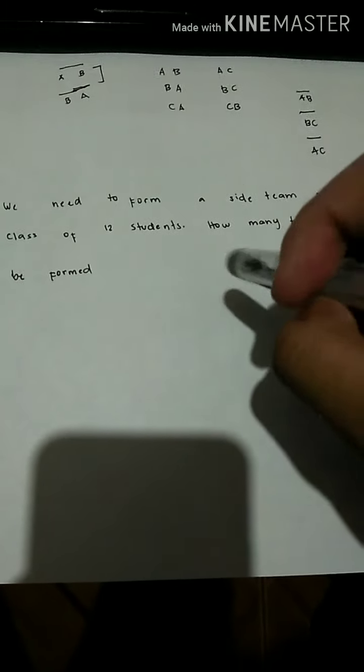Second example, we need to form a 5-member team in a class of 12 students. How many different teams can be formed? There is nothing that indicates that the order in which the team members are selected is important, and therefore it is a combination problem.